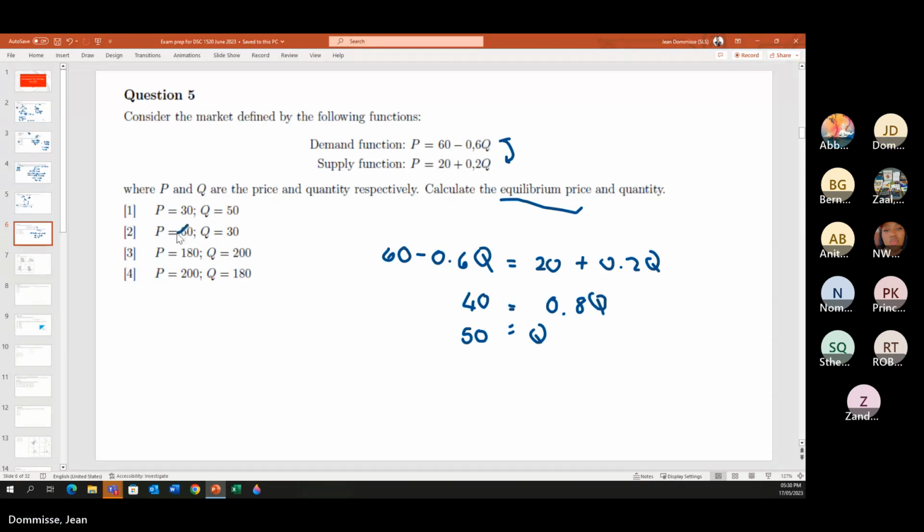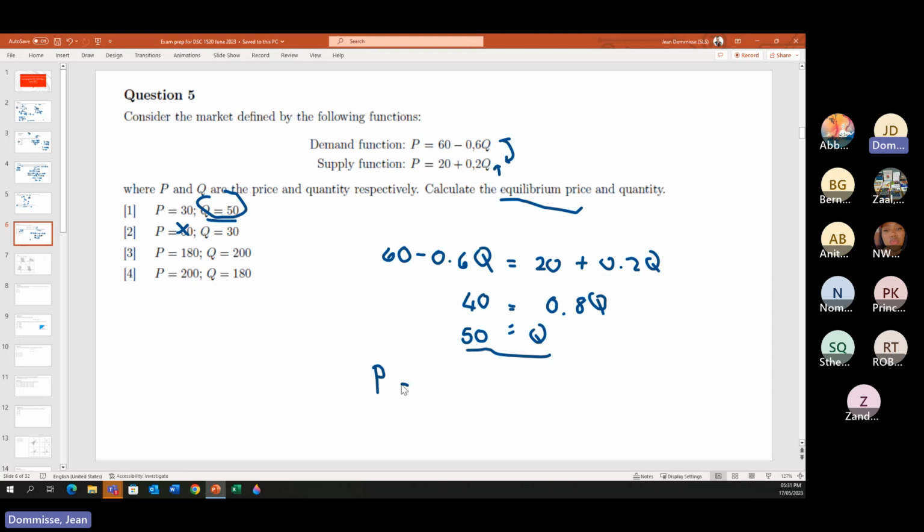Again, it's not P that's 50, it is Q that is 50. And then if I put 50 back into there, let's put it into that one. In my exam, I would have stopped here because I know now my Q is 50. If there was another Q that is 50, then I would have worked it out. But if I got here in the exam, I would have stopped just to save me time.